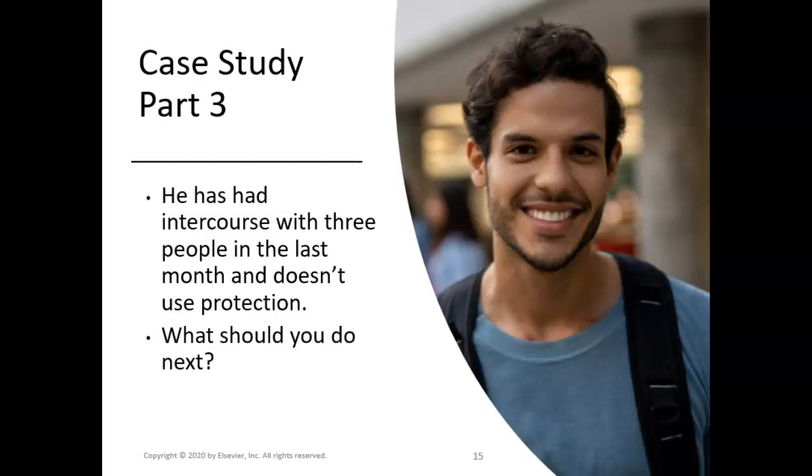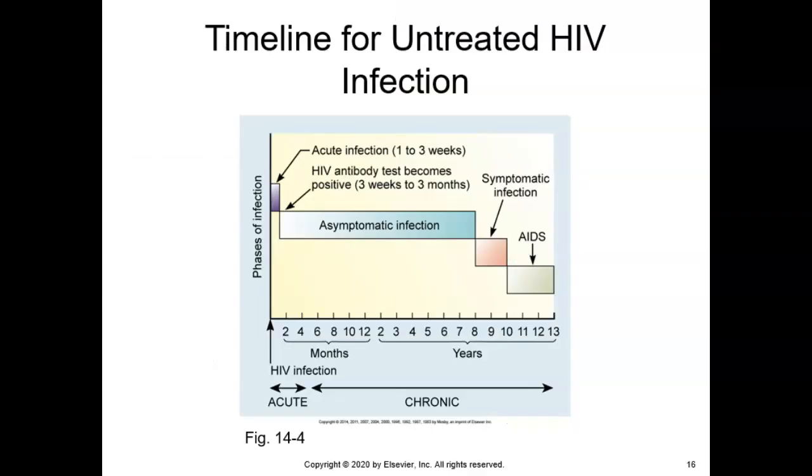All right, so back to our HIV. Here's the timeline for untreated HIV infection. Once we have infection, after the initial acute infection, we have an asymptomatic infection for some time, which can be up to 8 to 10 years, where the patient is generally healthy before they become symptomatic with infections and then eventually progress into AIDS.